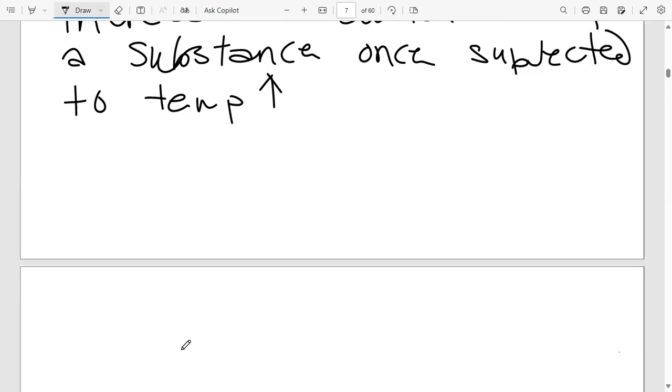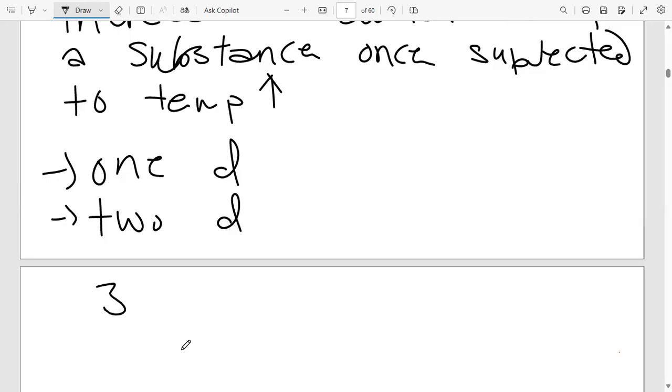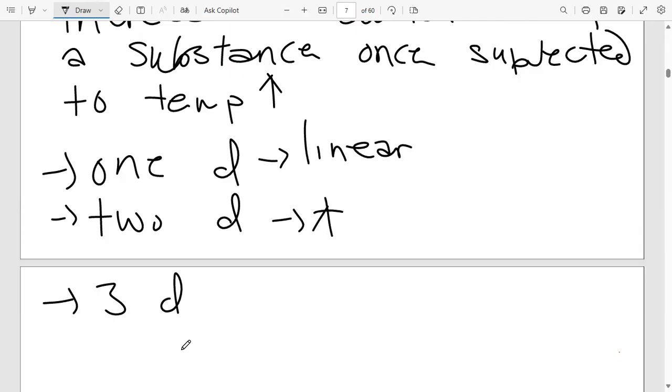There's what we call increase in one dimension, two dimension, but also three-dimensional increase. And we call this linear expansion. We call this area expansion. Whilst this one, we call it volume expansion.